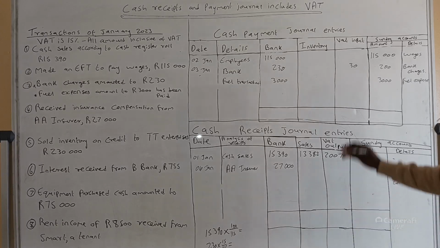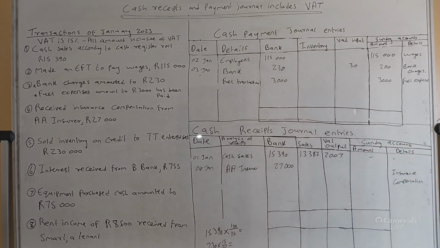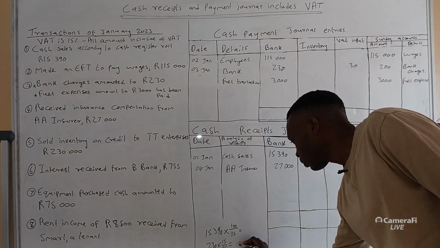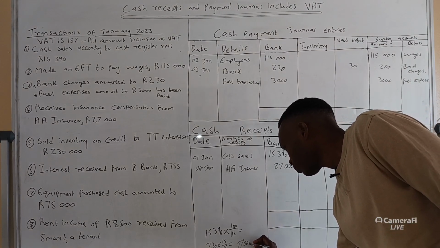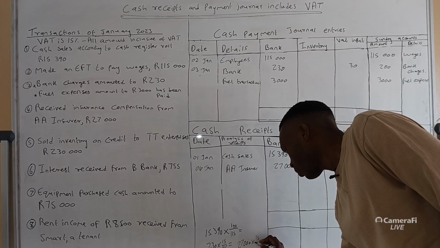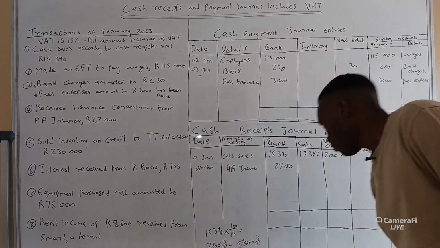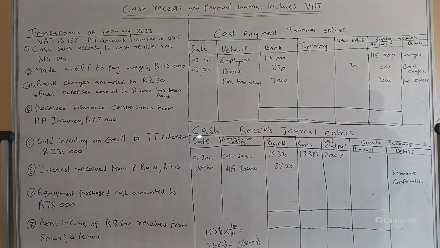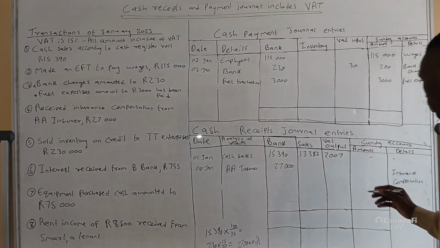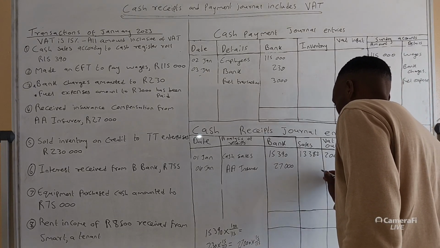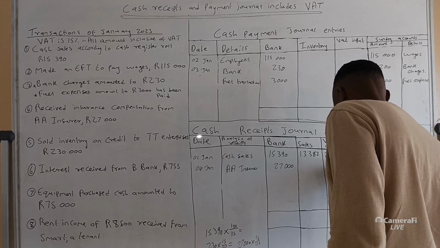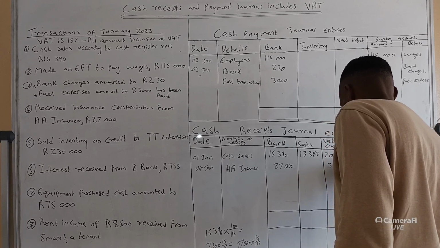And then now the issue of VAT. In this case, we have to calculate VAT when we receive insurance compensation. Okay, the amount is 27,000, which means that you have to say 27,000 multiplied by 15 over 115. You are looking for the VAT amount. So if you do this calculation, you're going to get a VAT amount of 3,522.